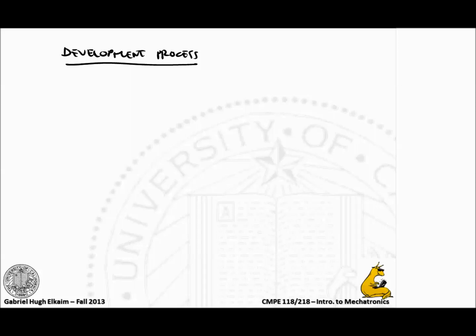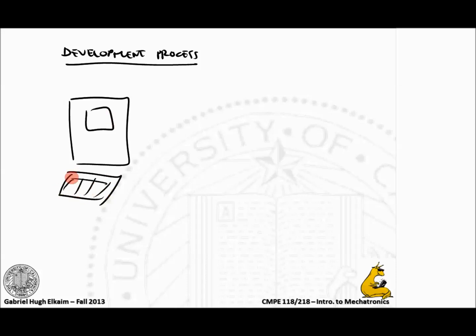This one's a little different in that you write the code on your desktop machine. So there you are, writing your code. Then you run it through a compiler to generate a file, and then you go through a communications bus, in this case the USB, to your target.